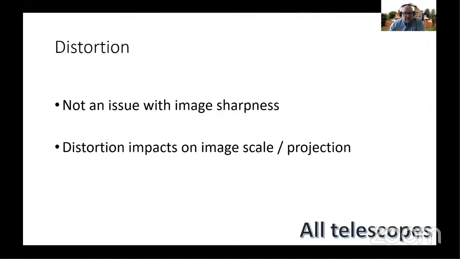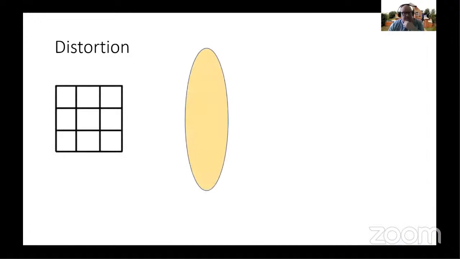Now, distortion is the last thing we're going to talk about. This isn't to do with image sharpness. The other aberrations are mostly to do with how sharp the image looks to the eye or when you image. This is to do with distortion of the image scale and how the image is projected.